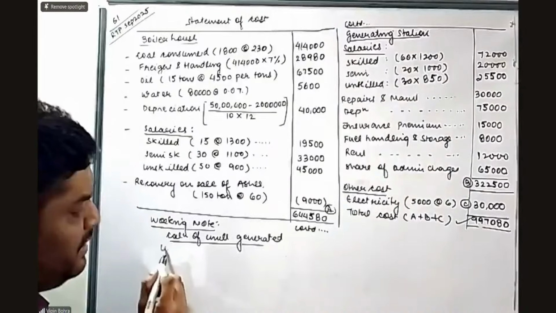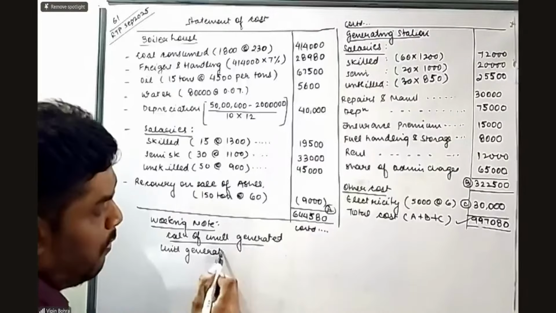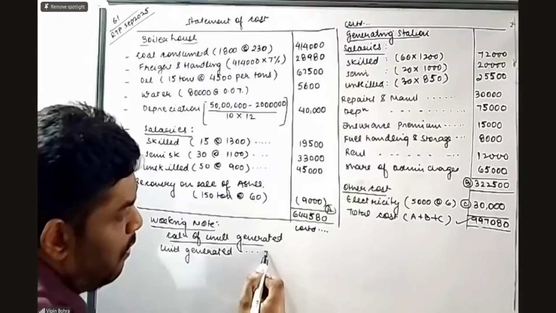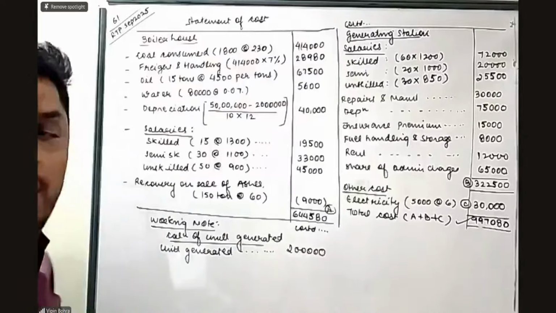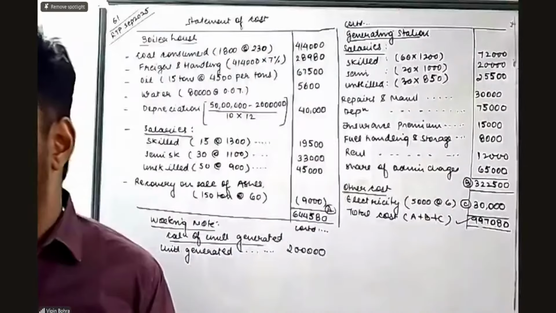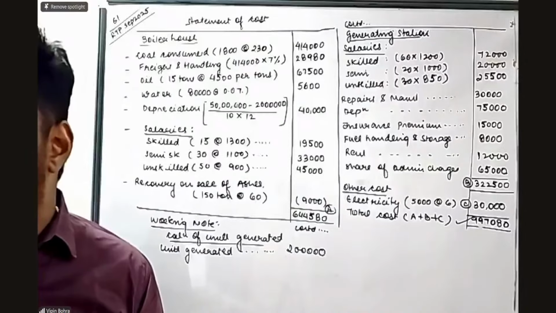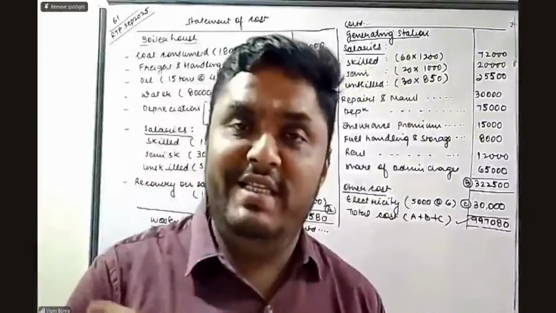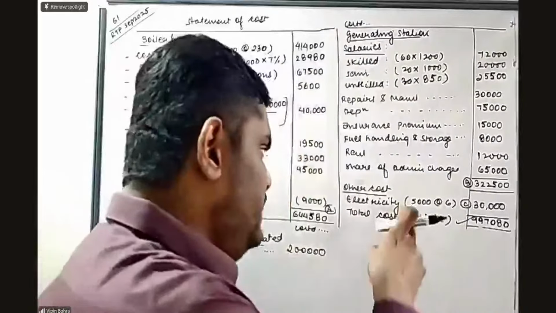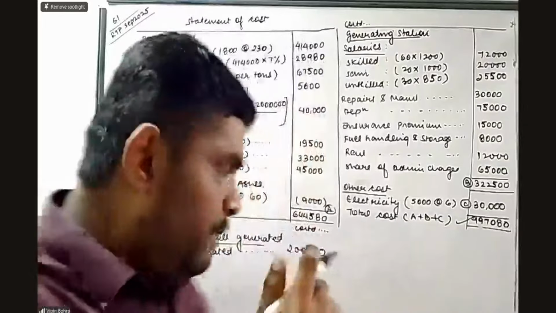Units generated is how much? Total 2 lakh units are generated, in which the normal loss is 3,000 units. And very important, it is given in the question that these 5,000 units that are purchased will not be considered for normal loss.